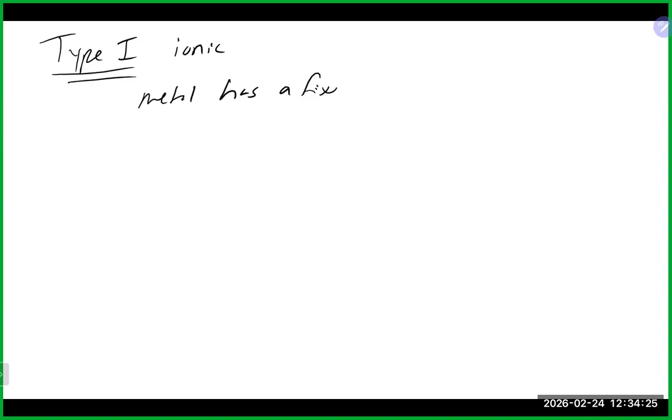And when we name things in terms of ionic compounds, there's type 1 ionic compounds. Type 1 is the metal has a fixed positive charge. And as you hopefully know from the periodic table, those are our metals in group number 1, 2, 3. Zinc, cadmium, or silver. All those have fixed positive charges.